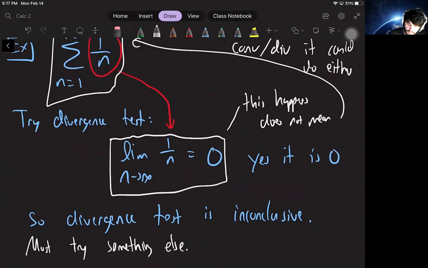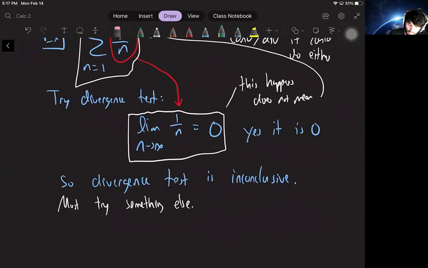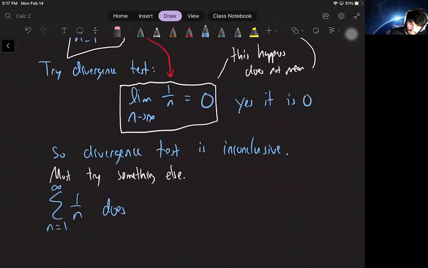In this case, we did this problem a long time ago. So what we would do, if this was from scratch, we would do a different test or something. It does turn out to diverge.